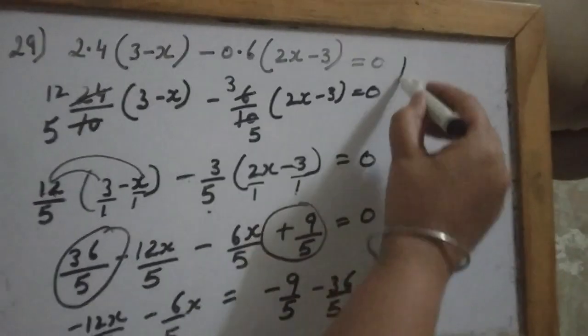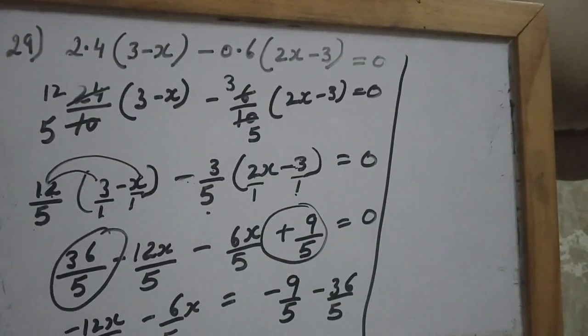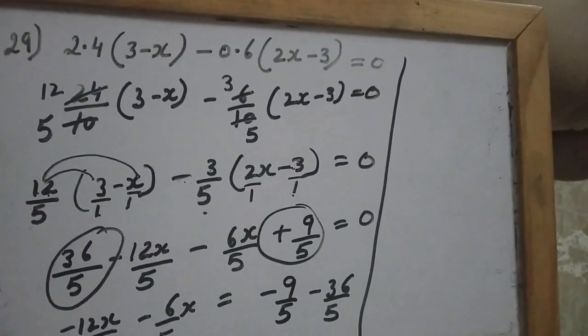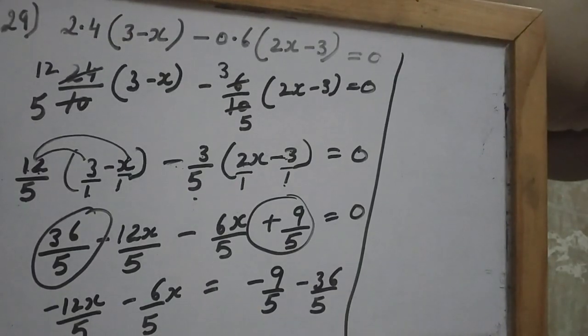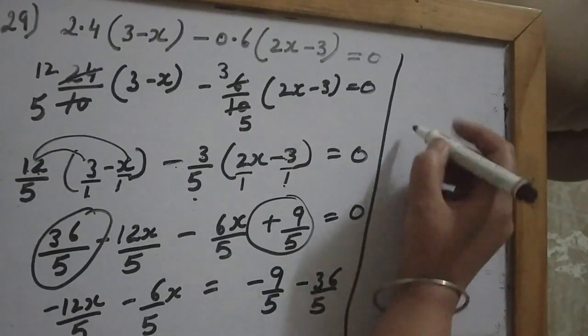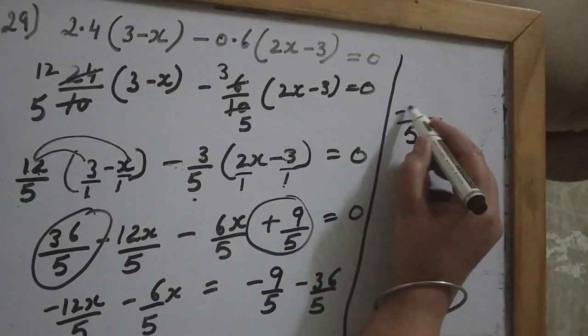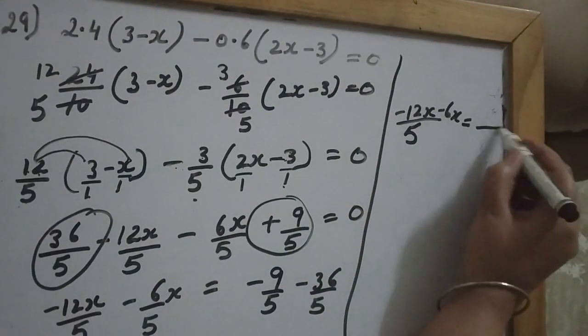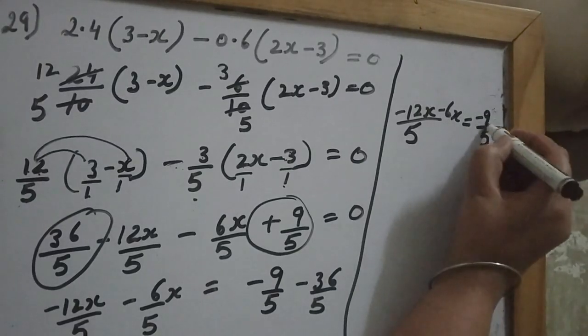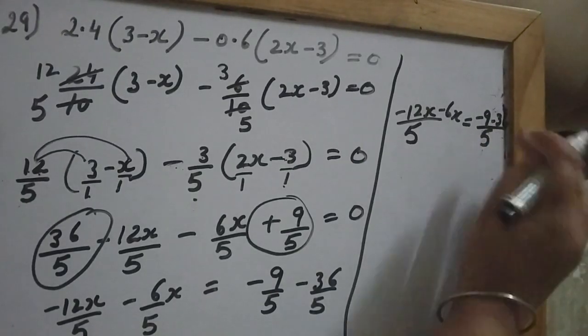Now when you solve them, as you can see, both are like terms. Both the fractions are like fractions with both the denominators 5. So it means LCM will be 5 only: minus 12x minus 6x, and on the other side you have minus 9 and minus 36.